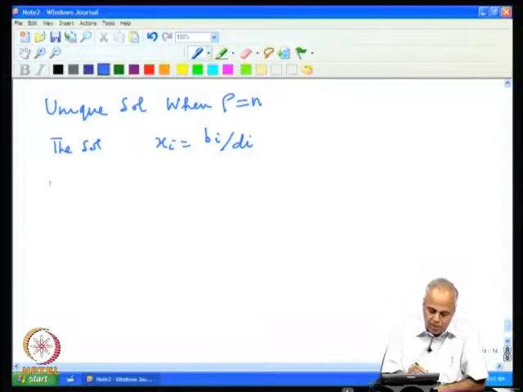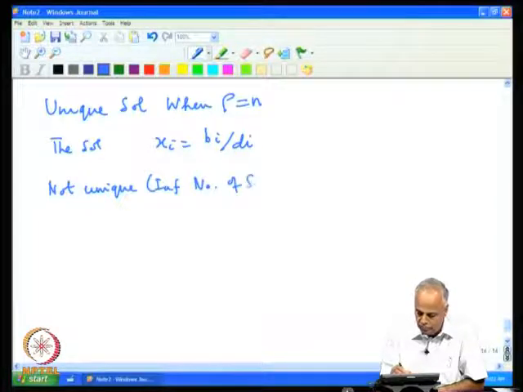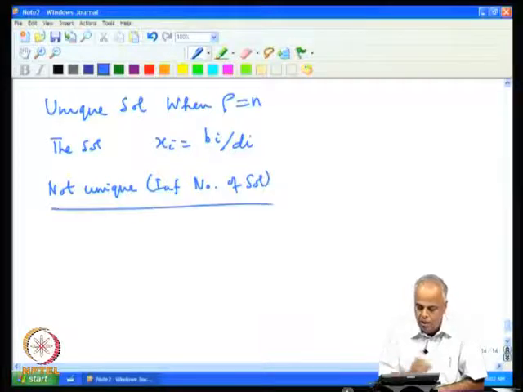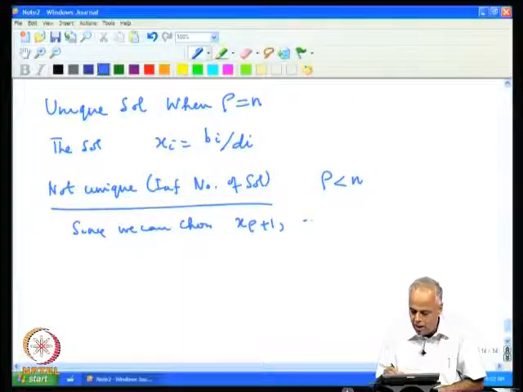When is the solution not unique? That is, an infinite number of solutions. When rho is less than n, since we can choose x rho plus 1 to x n arbitrarily.